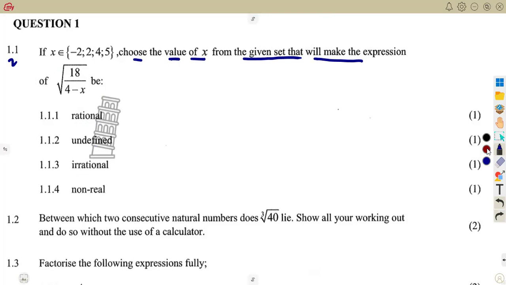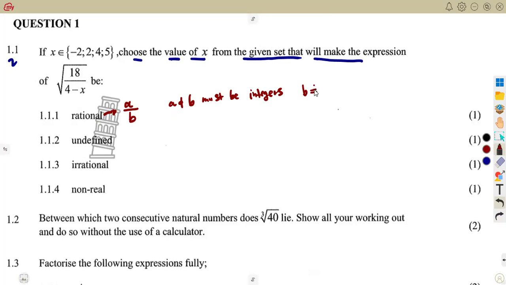So this is it. We are simply going to substitute, guys. We know our definitions. If we are having a rational number, remember this one, we are supposed to write it in the form of a over b, where a and b are integers. In that case, a and b must be integers.